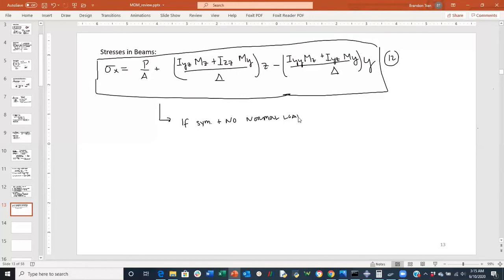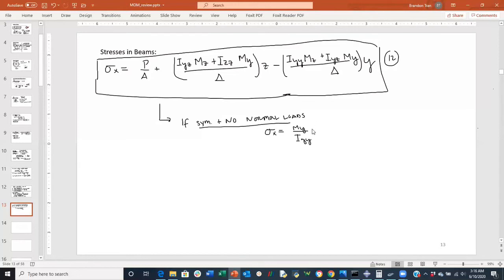loads, you get your advanced equation that you probably already learned in your mechanics of materials class about asymmetric bending. My, this would be YY, yeah, this would be YY, right?